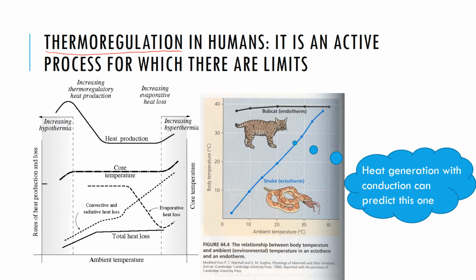So there are two types of animals, warm-blooded and cold-blooded, and this is a picture from a textbook that shows how a reptile, a snake, for example, its temperature just continuously changes with ambient temperature.